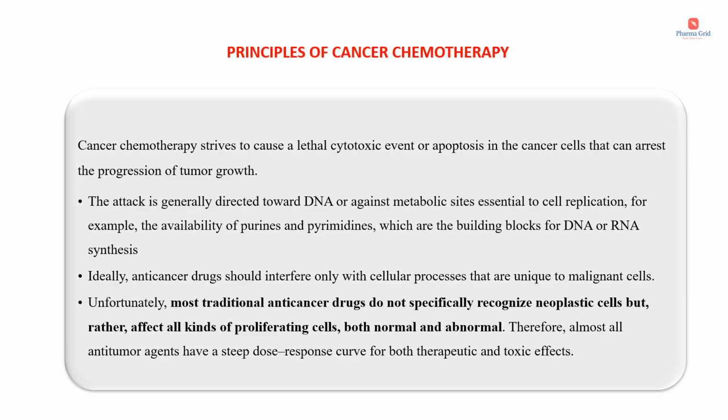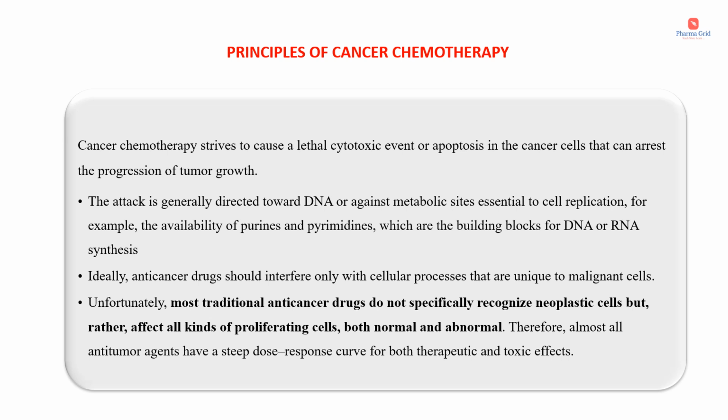Principles of cancer chemotherapy. Cancer chemotherapy strives to cause a lethal cytotoxic event or apoptosis in the cancer cells that can arrest the progression of tumor growth. As I have already mentioned, cancer means abnormal cell growth. So the purpose of cancer chemotherapy is to cause a lethal cytotoxic event or apoptosis in the cancer cells, thereby arresting the progression of the tumor growth or the abnormal cell growth.